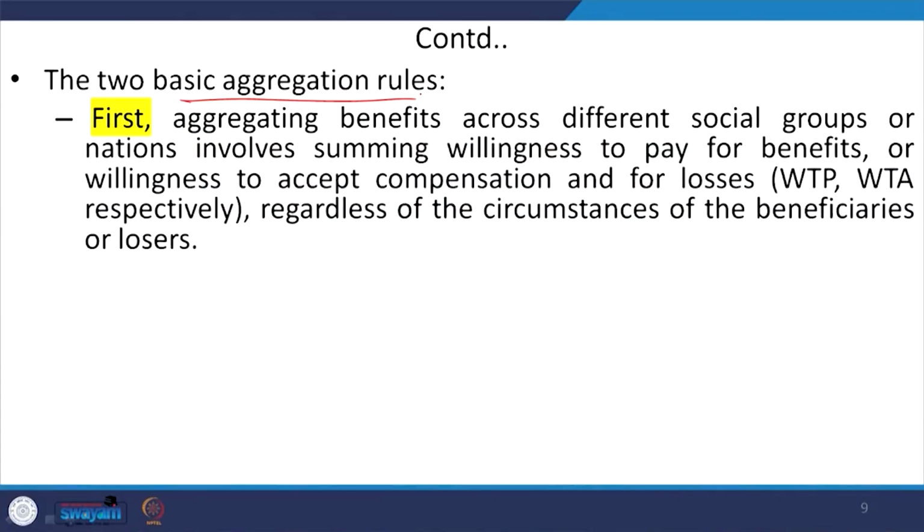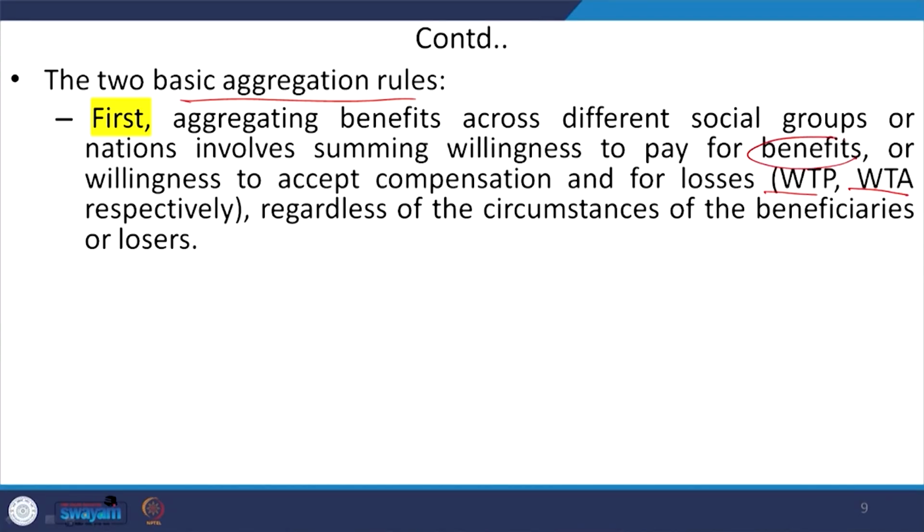So, what are these two basic aggregation rules? The first is that when aggregating benefits across different social groups or social strata, we sum up the willingness to pay for benefits or willingness to accept for compensation. We use these two concepts, willingness to pay and willingness to accept.